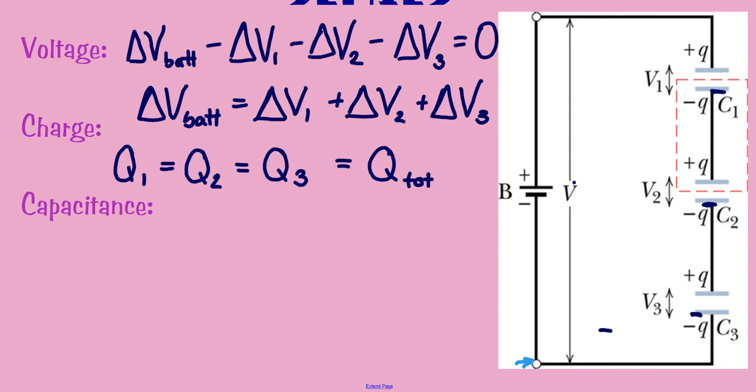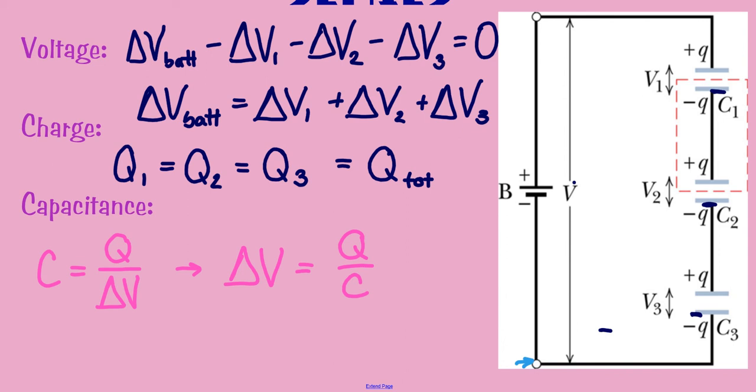So once again, we're going to look for an equivalent capacitance of this circuit as if I were to replace all of these capacitors with a single capacitor. To find an equation for that, I'm going to focus on my general capacitance equation, C equals Q over delta V. But this time, I'm going to solve for delta V: delta V equals Q over C. I'm going to plug that expression in for my general equation for voltage.